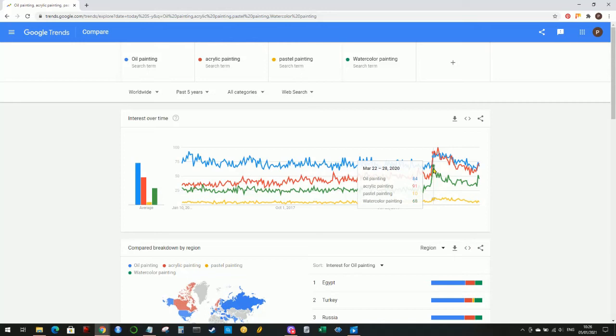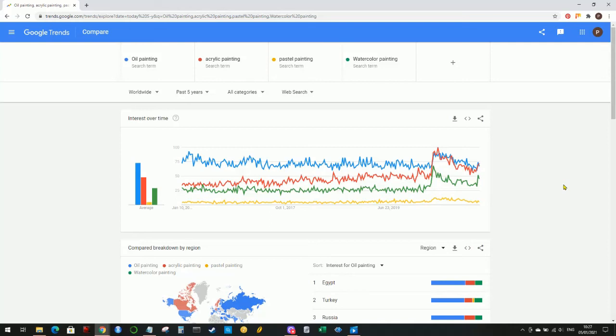And it looks like searches for painting with these different media suddenly increased around that time. And it also looks like at that point the red line overtook the blue line. So the interest in acrylic overtook the interest in oil painting.